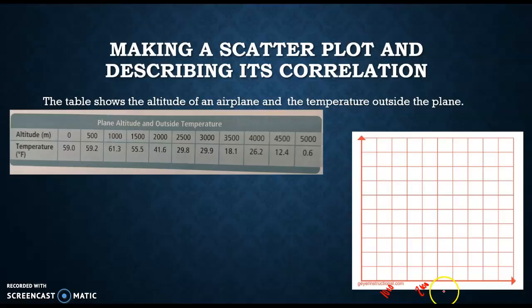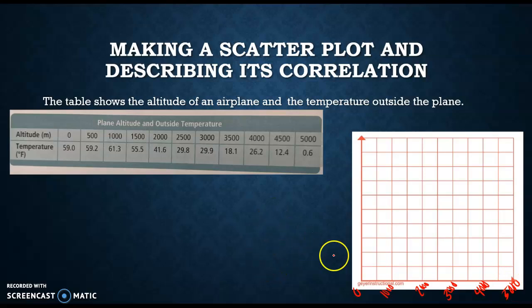Let me double check. Yep, which means that every box for my X values represents 500, 5,000 here at the end. So I've got 0, and then every other box is 1,000.